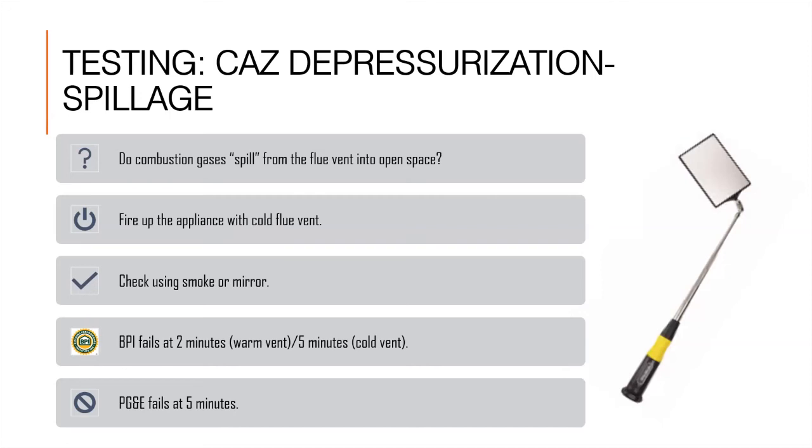You can see here that under the Building Performance Institute, an appliance fails at 2 minutes if it's already a warm vent, or 5 minutes, assuming you're starting with a cold vent. And PG&E's specific rule is if that appliance cannot begin to draft properly after up to 5 minutes, once it exceeds that mark, if it's still not drafting, then it fails.